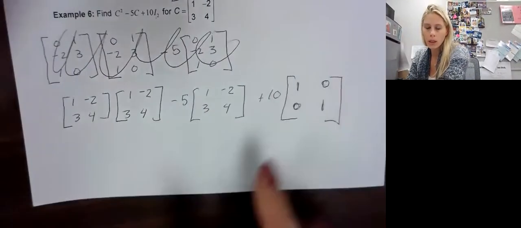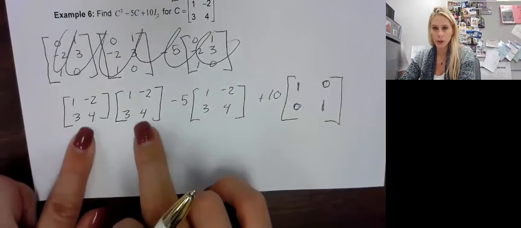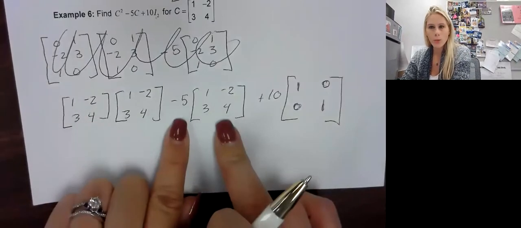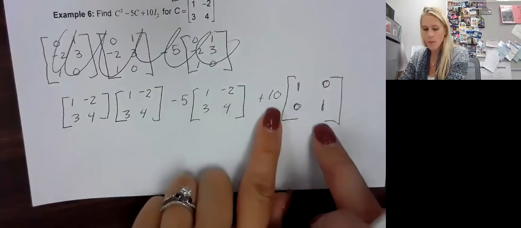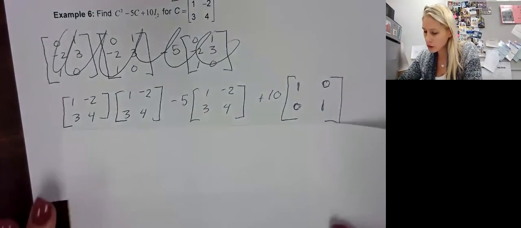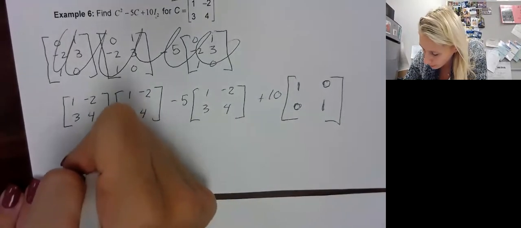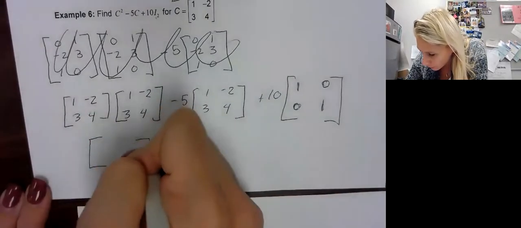Now, what we're going to want to do is do this 2 by 2 on another sheet of paper if you need to show that work. I would multiply the -5 out so I could add instead of subtract, and then multiply that 10 out, okay? So, first thing we're going to do is this 2 by 2. Of course, a 2 by 2 will give us a 2 by 2.